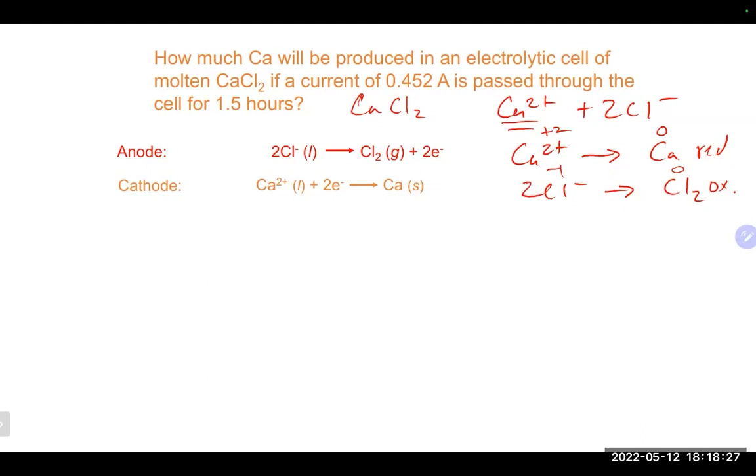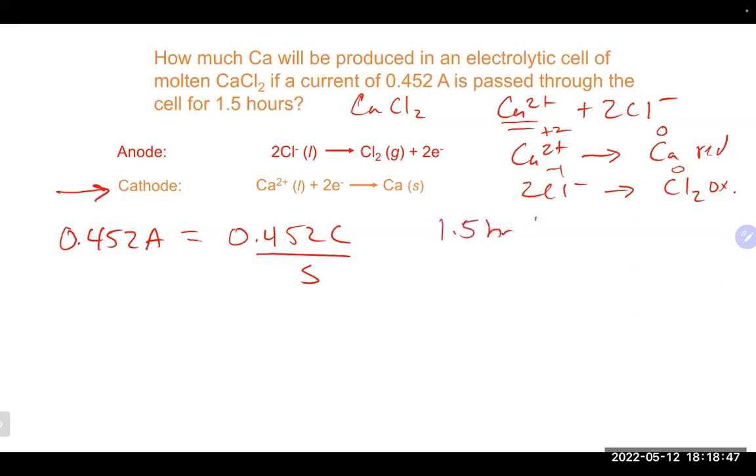All right, so now we're really interested in the calcium here. We could start with the 0.452 amperage. That is the same as 0.452 coulombs per second. I am going to run the cell for 1.5 hours.